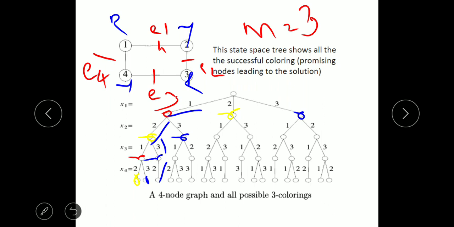For example, if I color the first vertex with red, the second with yellow, the third with blue, and the fourth with yellow, it's fine.